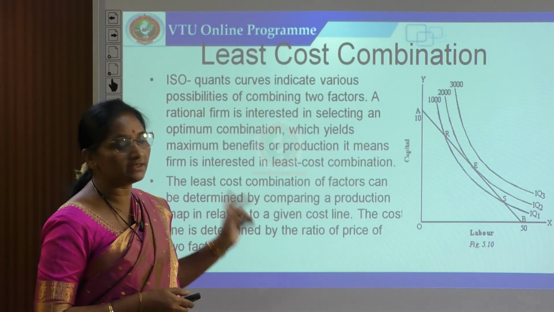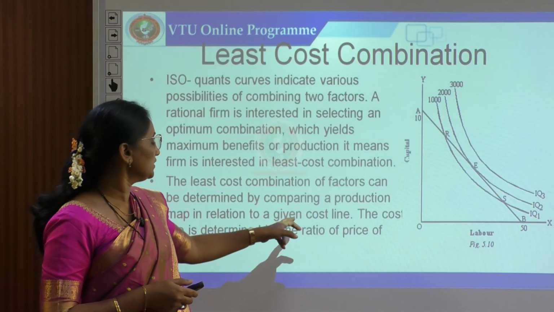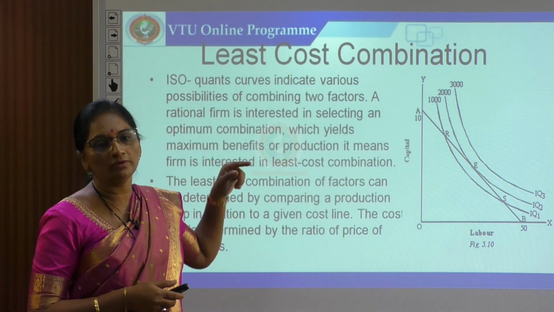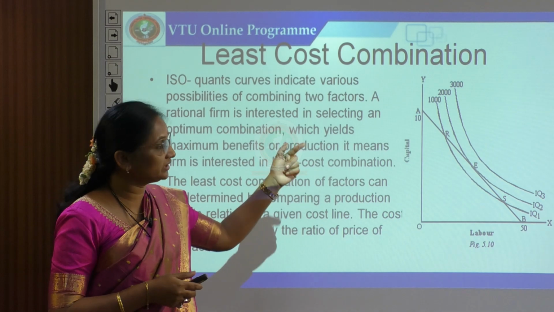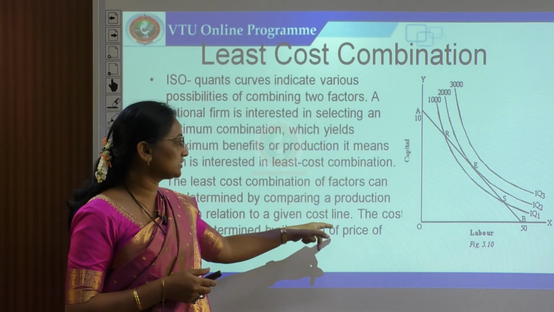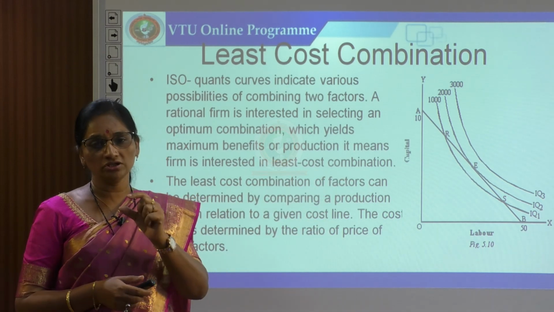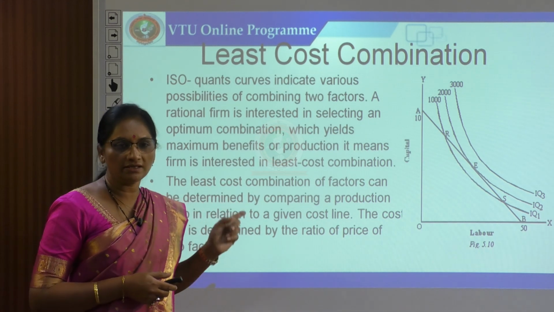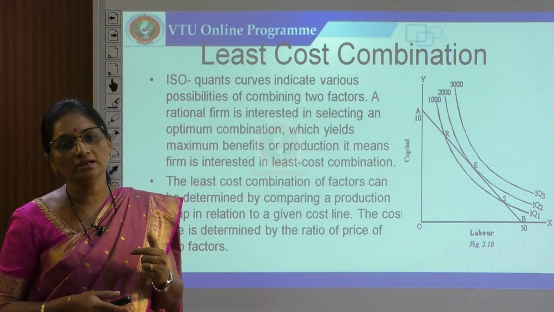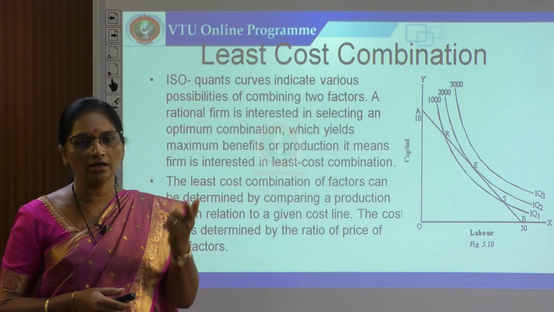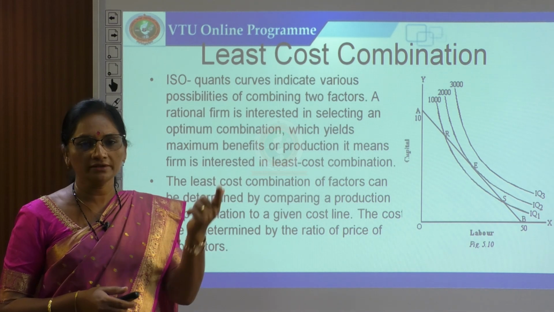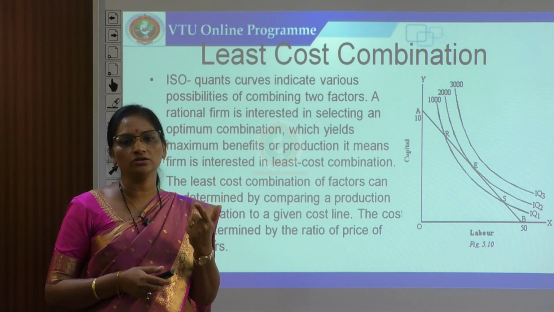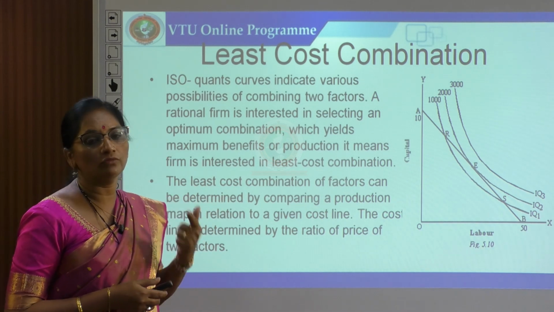Again, they have to be intelligent enough to use the cost line to choose the combinations, not simply go with the earlier concept. With the help of the cost line, they have to find out which combination is able to produce more and more. This concept tells us which is the best combination among the available combinations at the same level of prices of factors, to achieve more and more output.